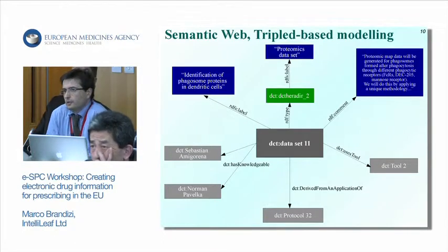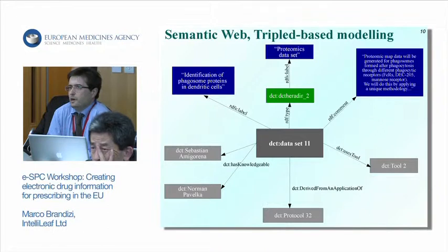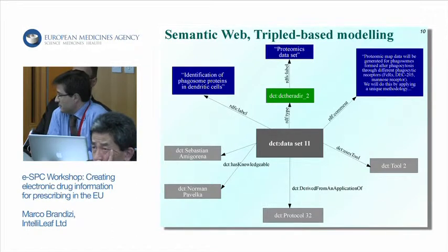Because of these reasons, we decided to model the kind of knowledge we deal with by using the semantic web standards. Probably at least a few of you are familiar with these models.